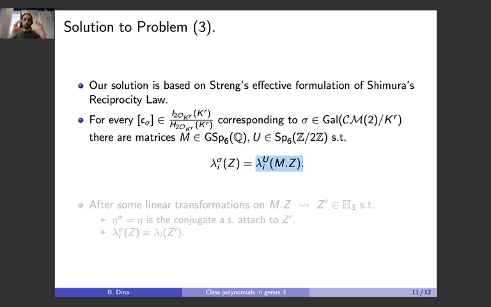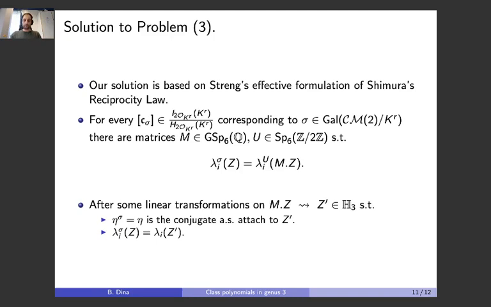And for that, to put everything somehow in a nice way together, we are doing some linear transformation here, beginning with this matrix. We are doing some transformation which will land us at some transformations given by some lifts of this matrix. We will compute a certain new point in H3, and to this point we will attach the conjugate theta characteristic system that will correspond to the original one.